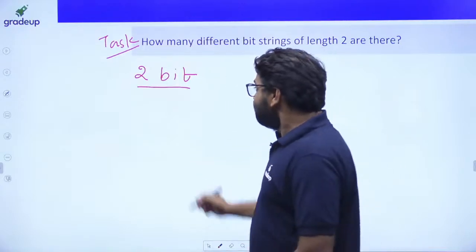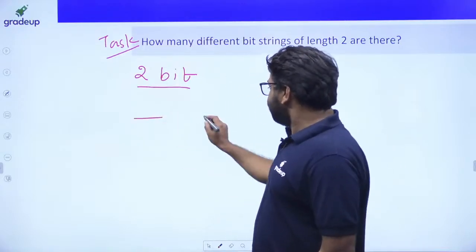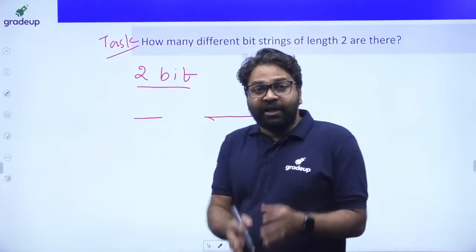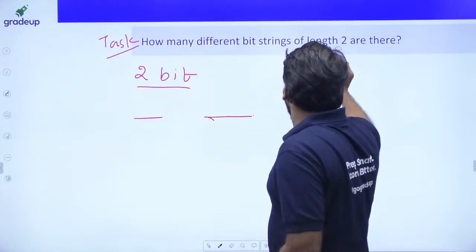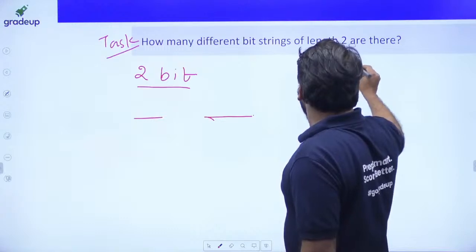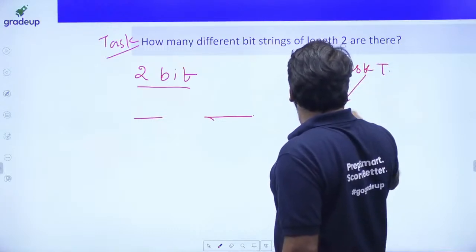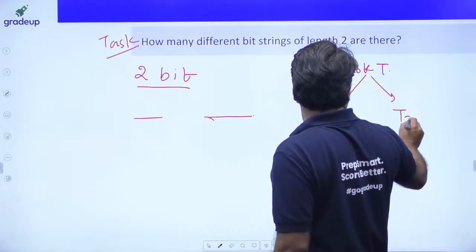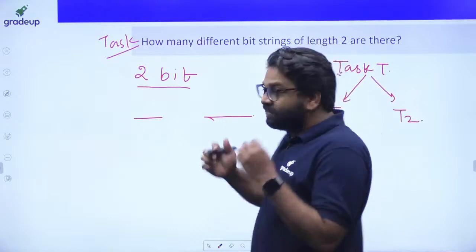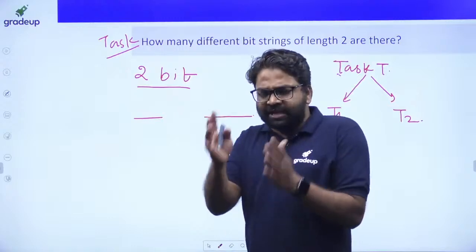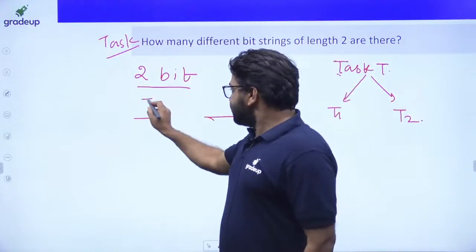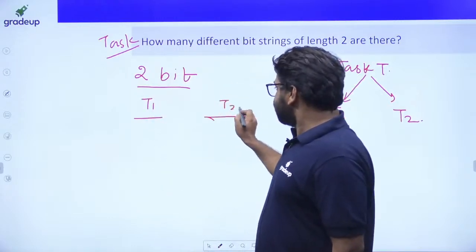Now what will happen? There is 1 bit over here, there is 1 bit over here. So try to divide this task as I have already told you. There is a task T. Now divide it into T1 and T2. Let's consider this is T1, this is T2.